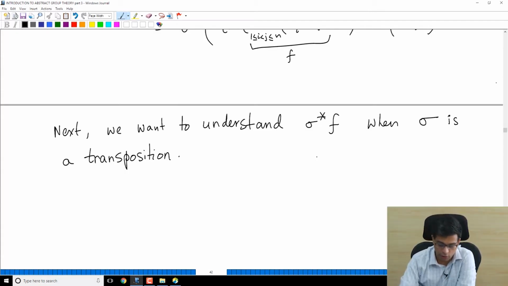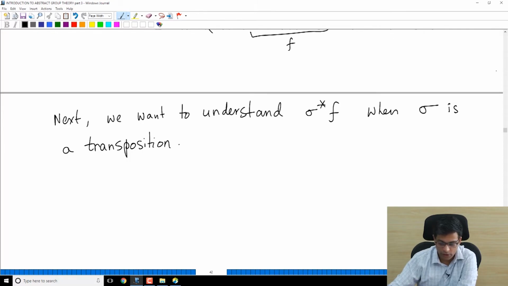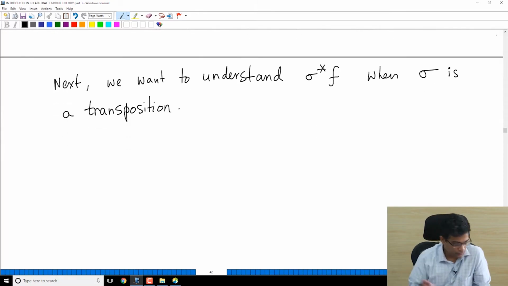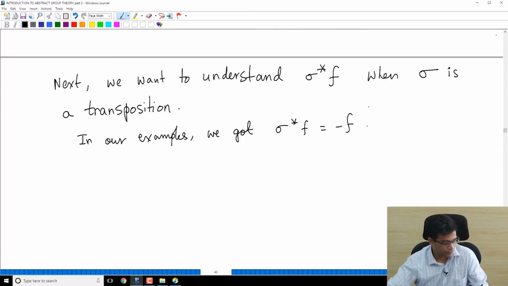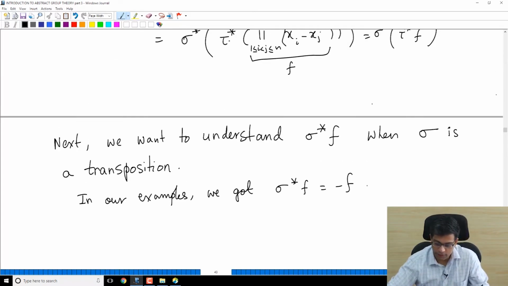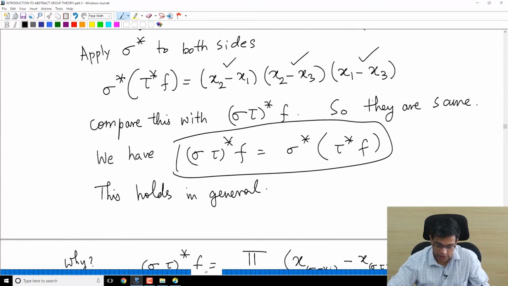Now I want to understand what sigma star f is when sigma is a transposition. Again we have seen this in our examples. We got sigma star f was minus f. If you recall, sigma star f was minus f whenever, in our example, sigma was a 2 cycle.